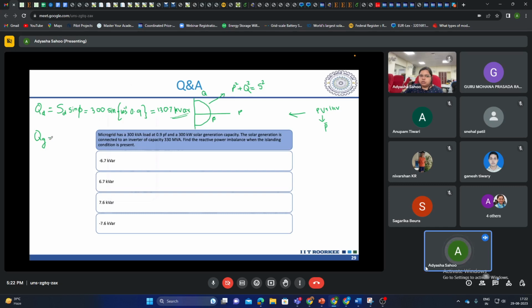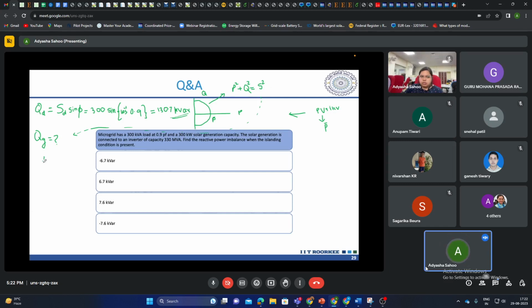What will be Qg? The relation, anyone? This is the capability curve, right? So from here, Q equals square root of S squared minus P squared.